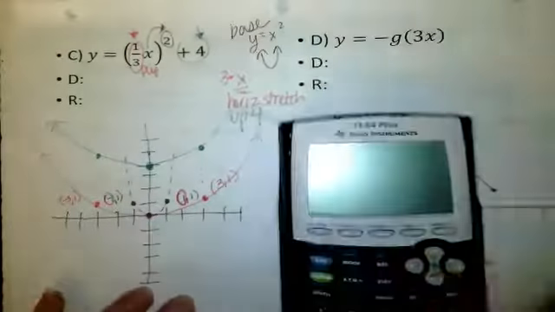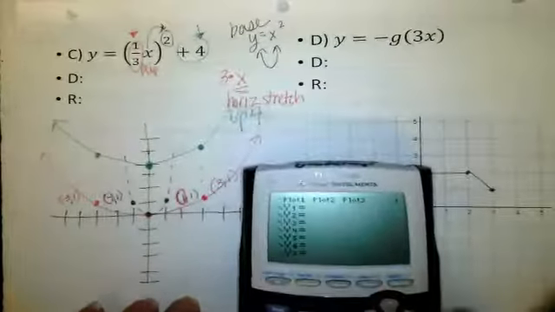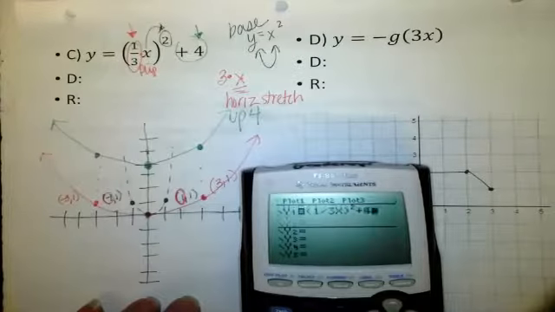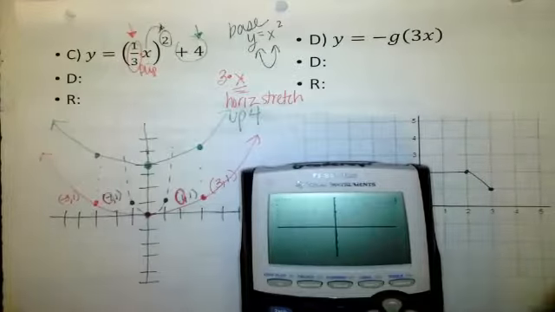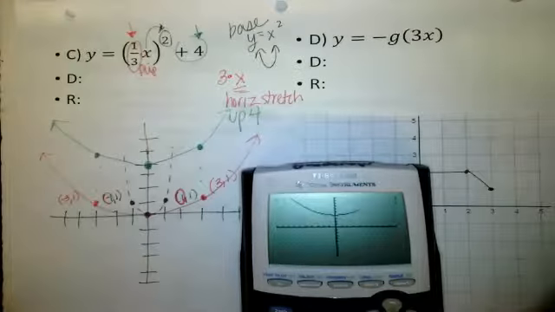Again, we can check it on our calculator pretty easily, as long as you know how to work your calculator. 1/3 times x, quantity squared, plus 4. Oh, zoom 6. Looks pretty good.